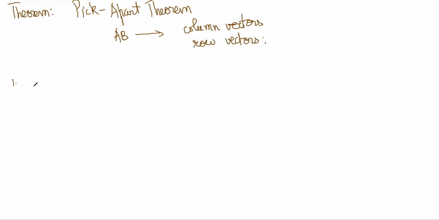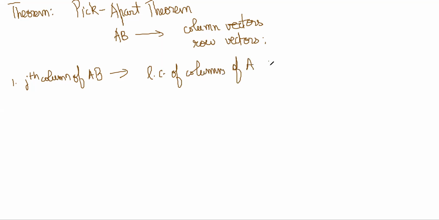So first, right now what we have said is: the jth column of AB is a linear combination of columns of A using the jth column of B as scalars, right?